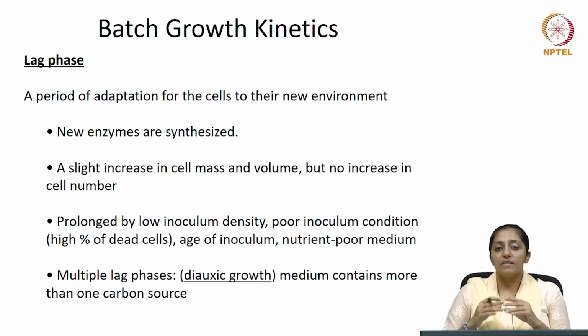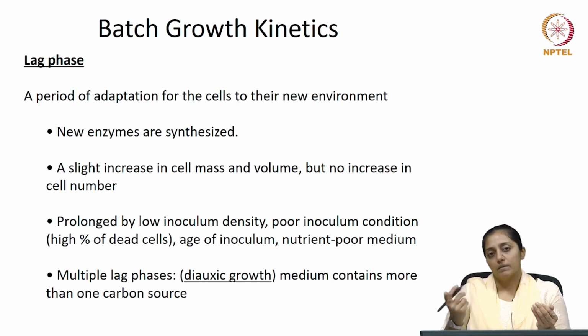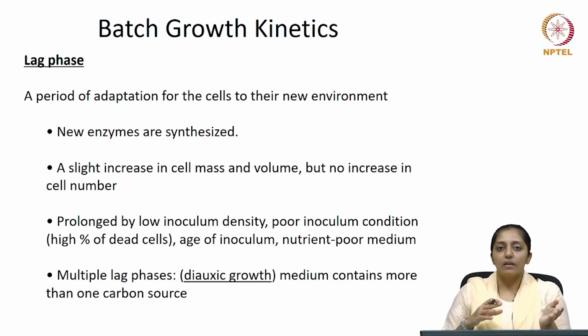Or there may be a large gap between the medium composition in which the inoculum is prepared and the production medium composition. I was talking about the starter culture. Generally, the working cell bank is prepared in a nutrient rich atmosphere.